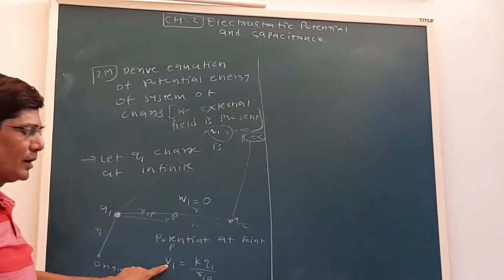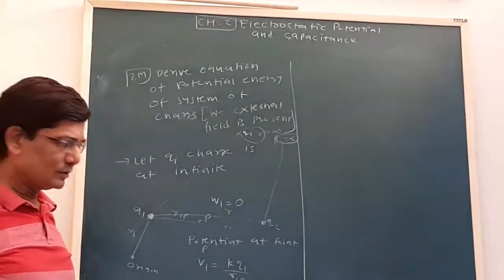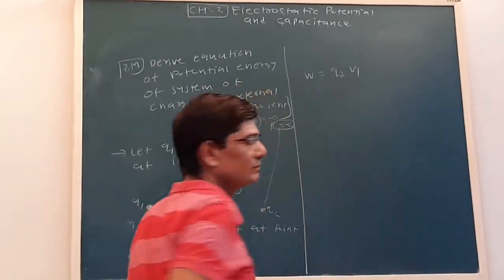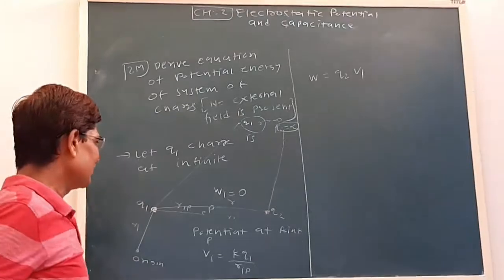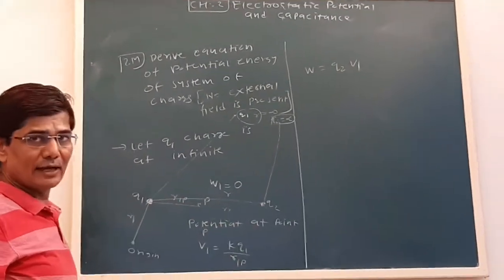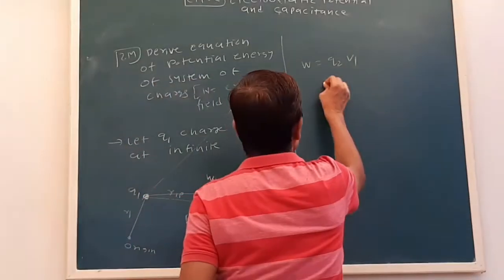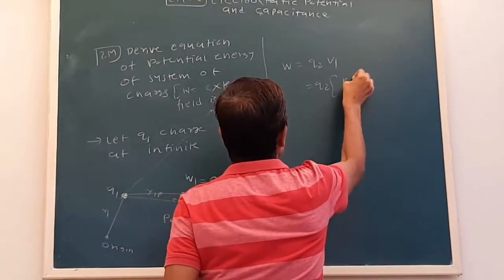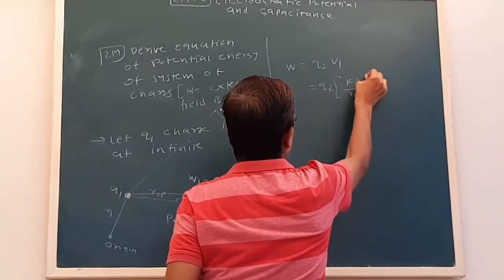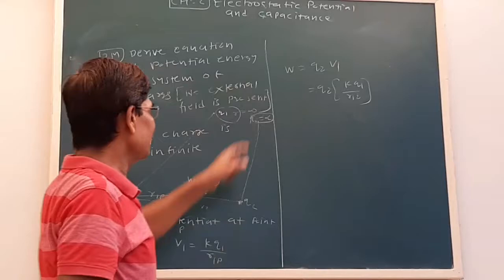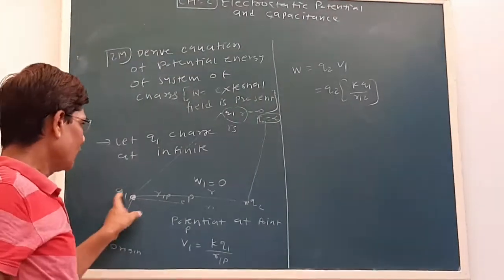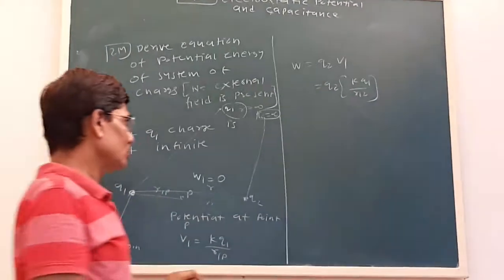Here the potential of Q1 is already present, so the work done will be Q2 into V1. The distance between R1 and R2 in the space, by the triangle law, is R12. So the work done will be Q2 into KQ1 upon R12. This work is stored in the form of potential energy of charges Q1 and Q2.